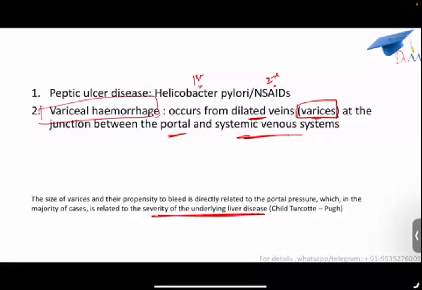Underlying liver disease severity can be classified by the Child-Pugh classification. If you just remember the name, that should be sufficient. It's not important to remember the classification or how they grade the liver disease, since the grading is not required from an emergency point of view. You can just remember it correlates with the severity of the underlying liver disease.